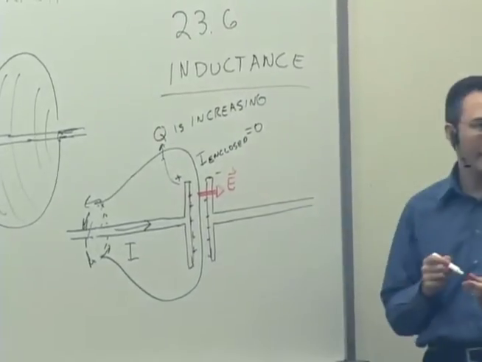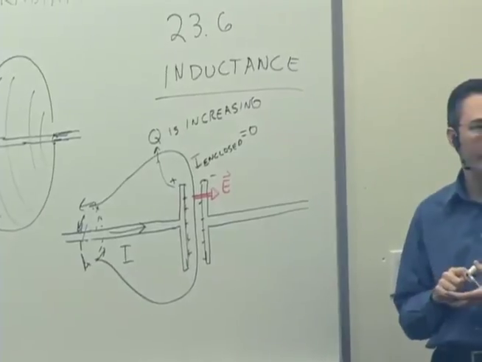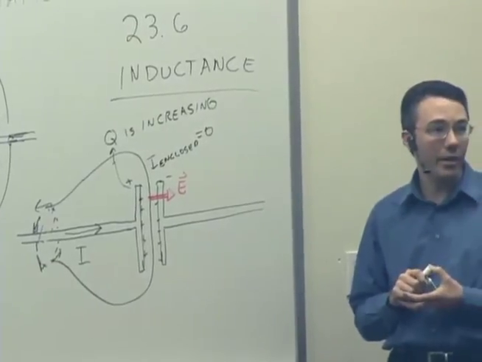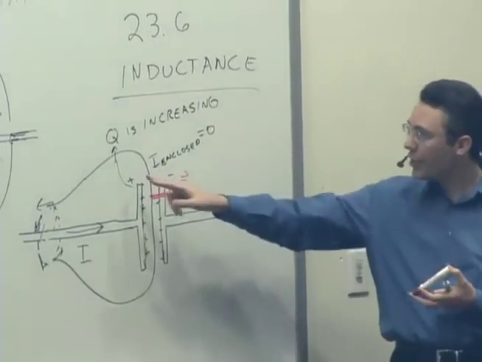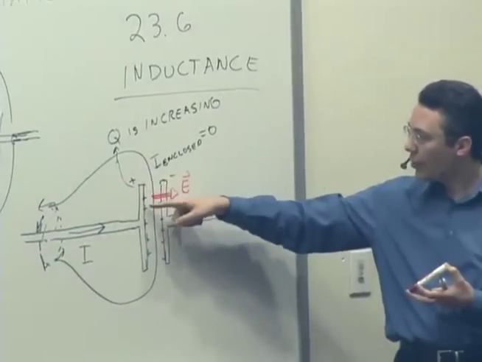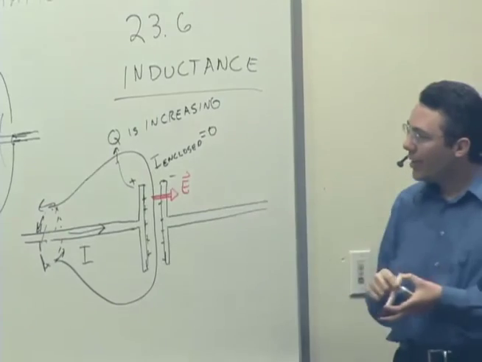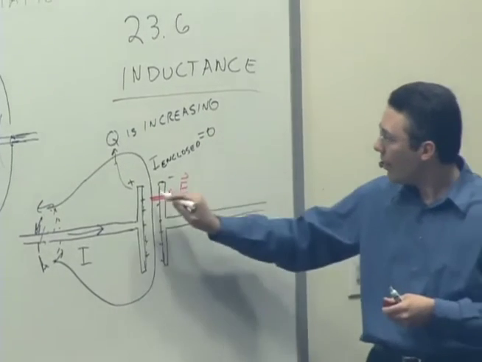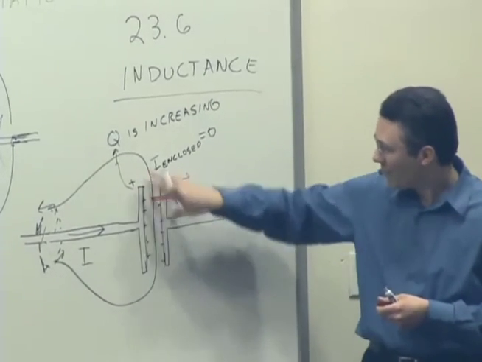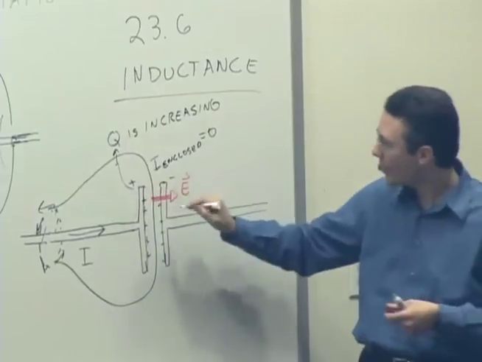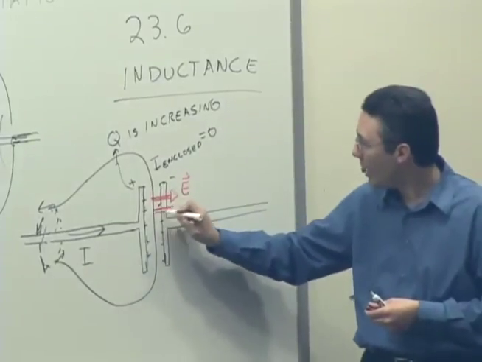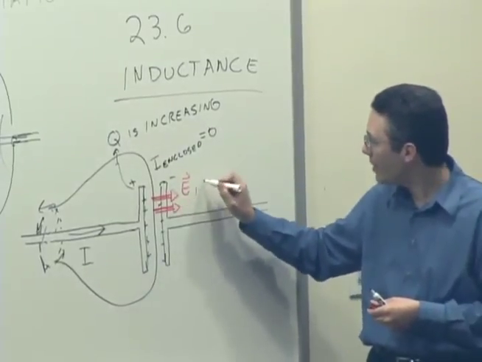What's happening to the electric field? It's getting bigger. The electric field is getting bigger because we're charging up the capacitor. More and more charge means a larger and larger electric field. So here's a case where along this deformed bowl-like surface, we have an electric field that is increasing.